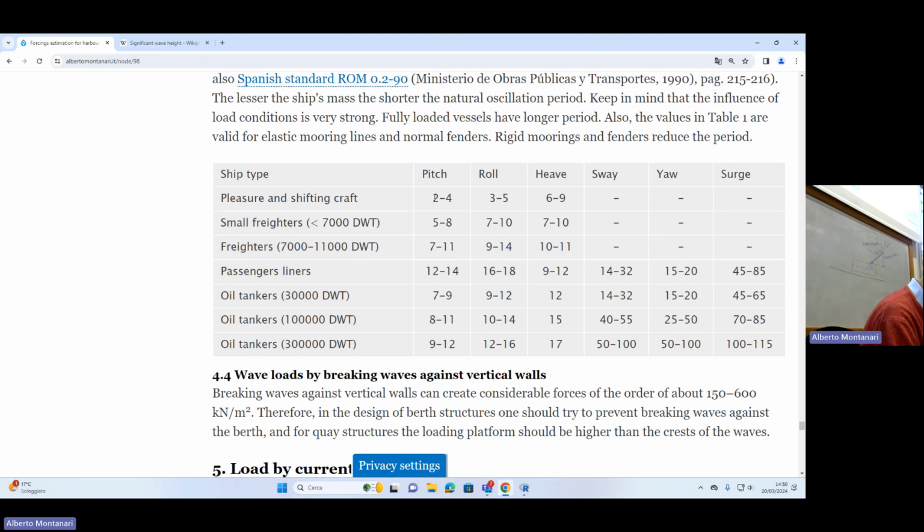This is a bit more complicated to find. Let's see. Significant wave height. Okay, here it is.